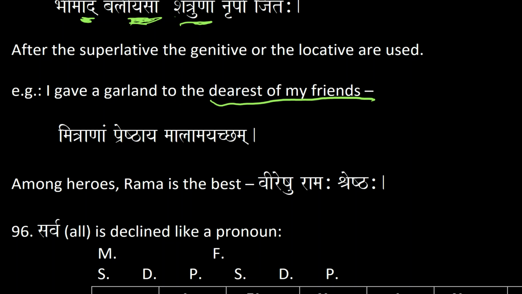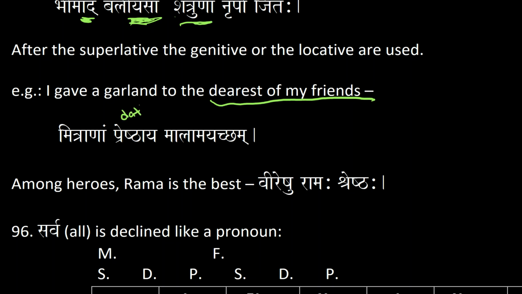So mitrānām, that is in the genitive case. But then preshthāya, that is dative singular. So this is dative.